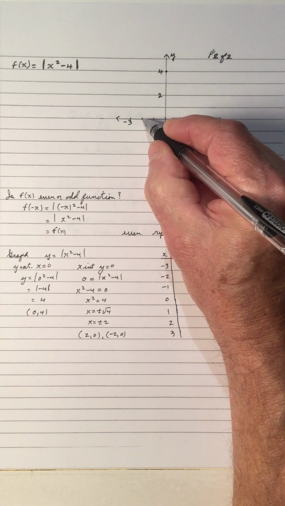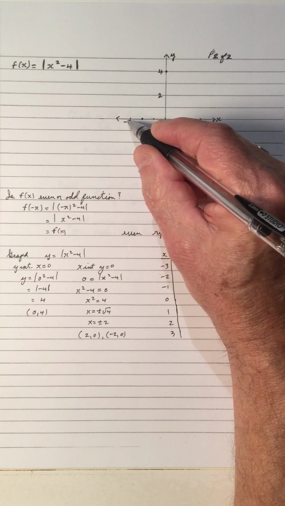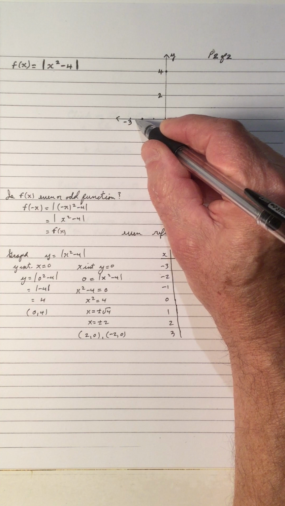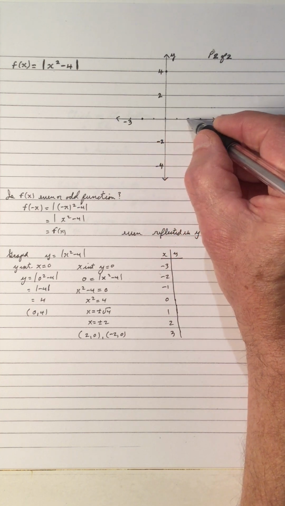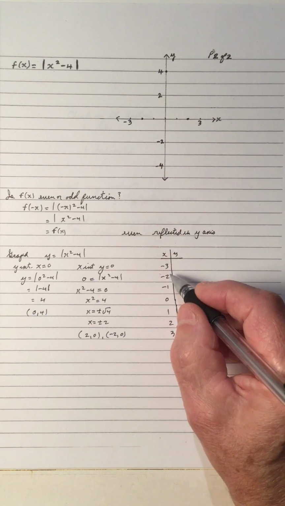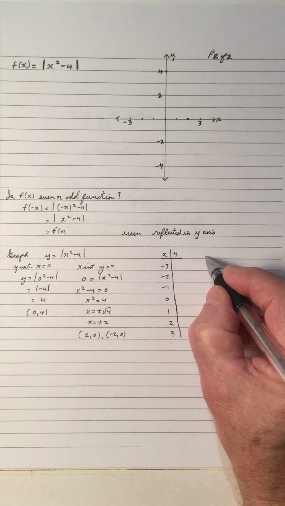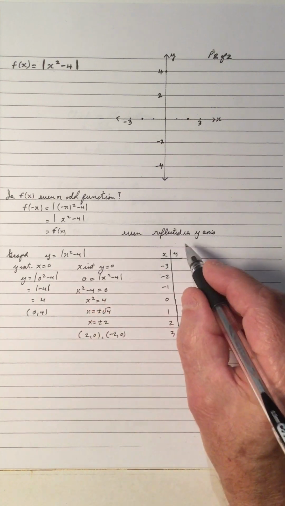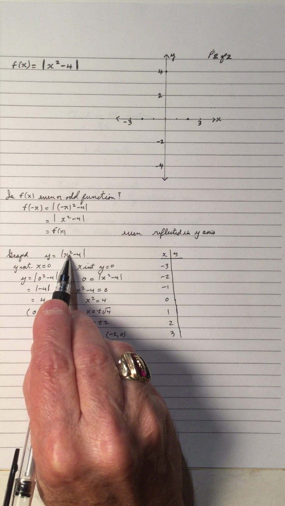We know we got a negative 2 and a 2, and we know we got a 0. So let's look at values to the left of negative 2, in between negative 2 and 2, and greater than 2. So let's take a negative 3 and put it into this equation. Negative 3 squared is 9.